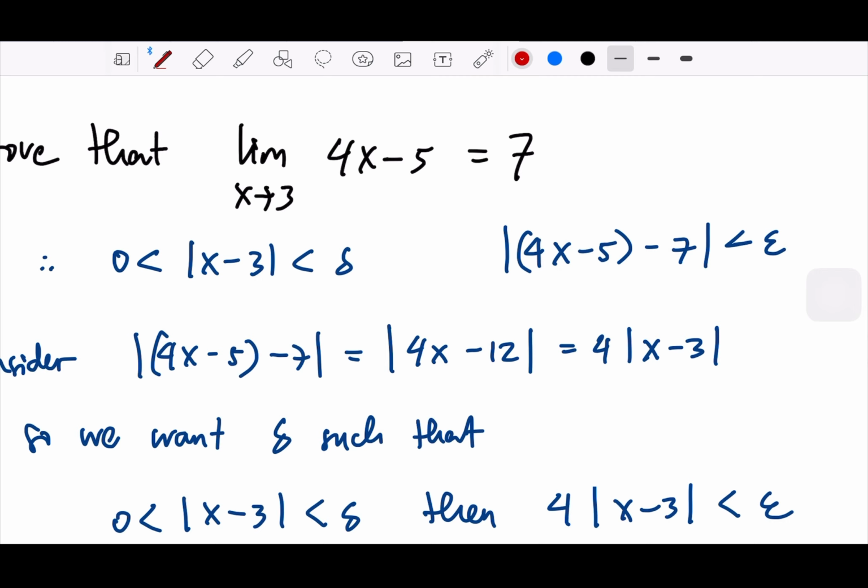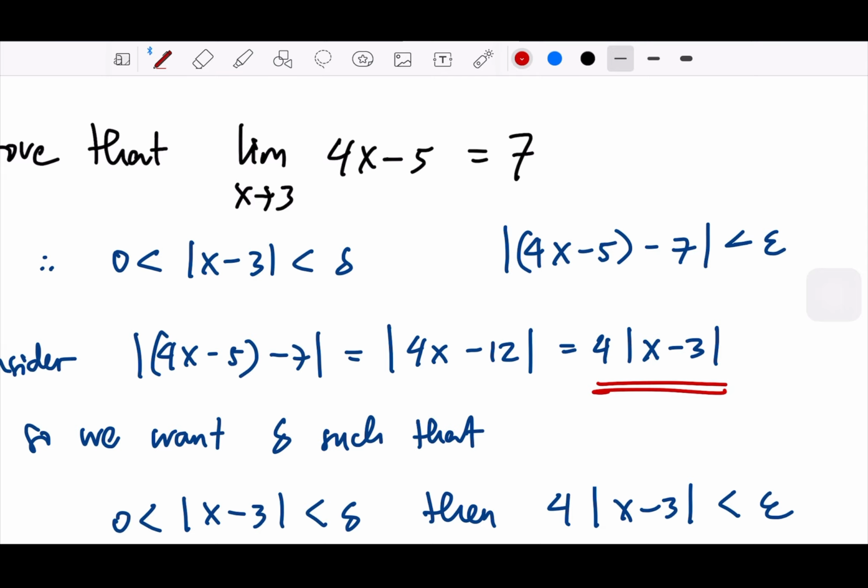So we can have some correlations between delta and epsilon. We start from the epsilon side, and we simplify and look at the pattern and how it correlates with the distance from x. We know that it will be 4 times the distance, right? We have the 4 times here.